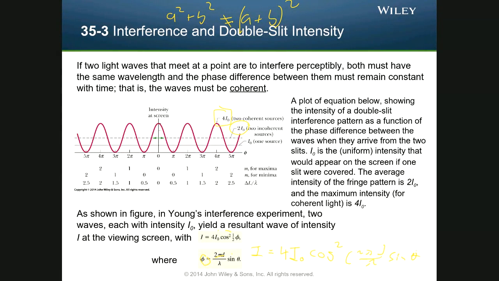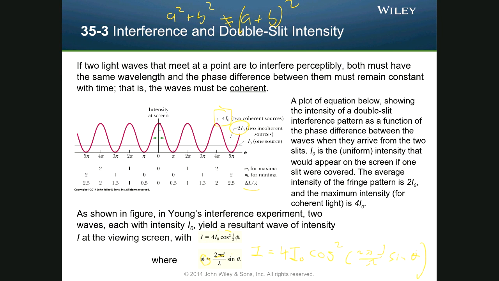If you look closely, you'll see that you have d sine theta. That can be your change in path length, so you can get this in terms of that change in path length pretty easily. You'll notice they have a delta L over lambda part for maximum and minimum. They do show them here. So you can get that intensity, but it's not a trivial function by any means.